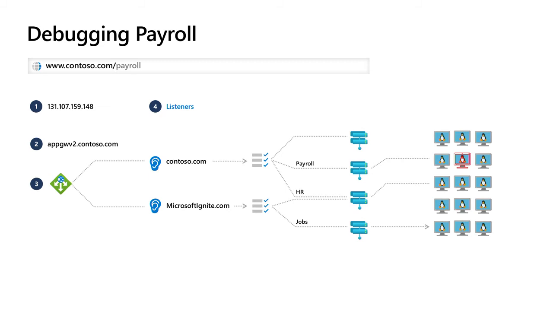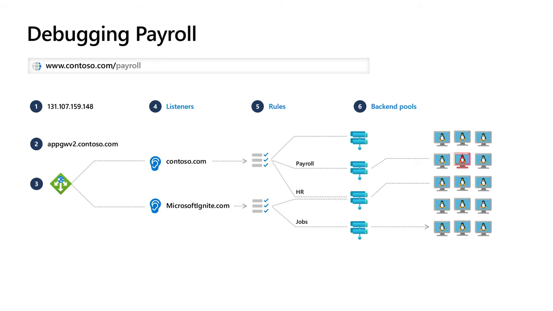Next, I know at this point that my application gateway is handling contoso.com, but is it handling contoso.com/payroll? For that, I will have to look up the rules. A rule tells me, hey, all traffic that is bound to contoso.com/payroll, send it to a particular backend pool. So now I go to yet another page in the portal and figure out what the backend pools are.